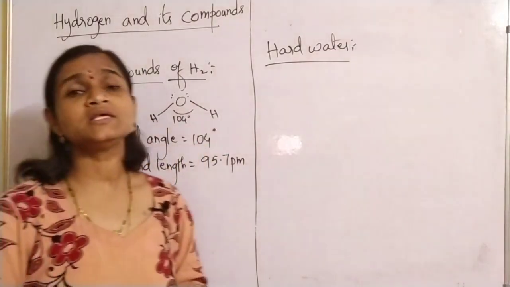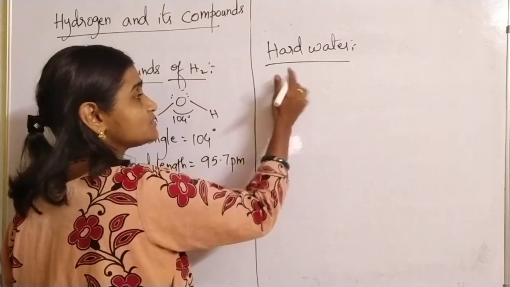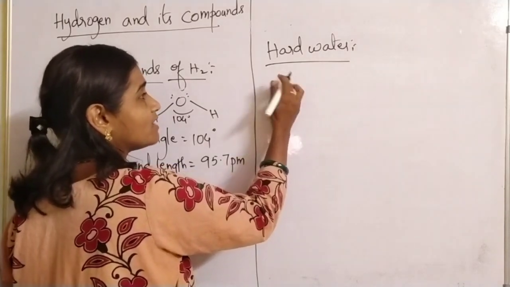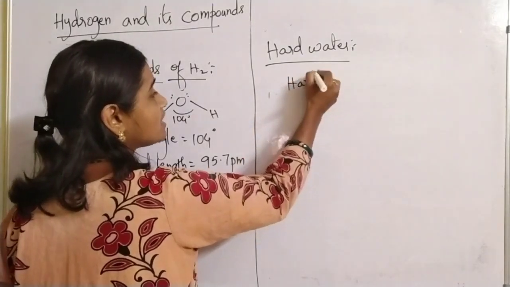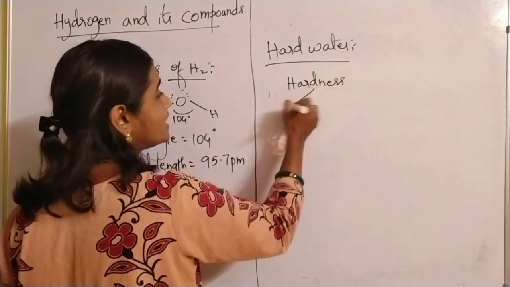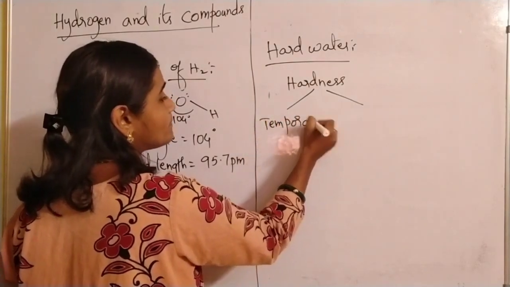So it is not suitable for domestic purposes. Now, to remove this hardness of water: hardness can be of 2 types, temporary hardness and permanent hardness.